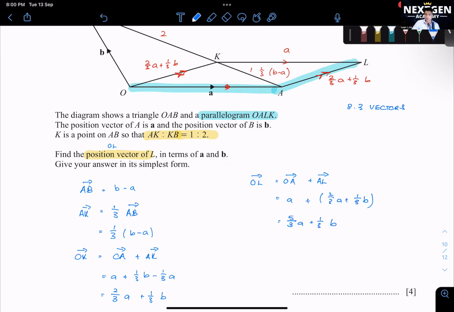This part here is a bit tricky. Vectors, you all need to know this.